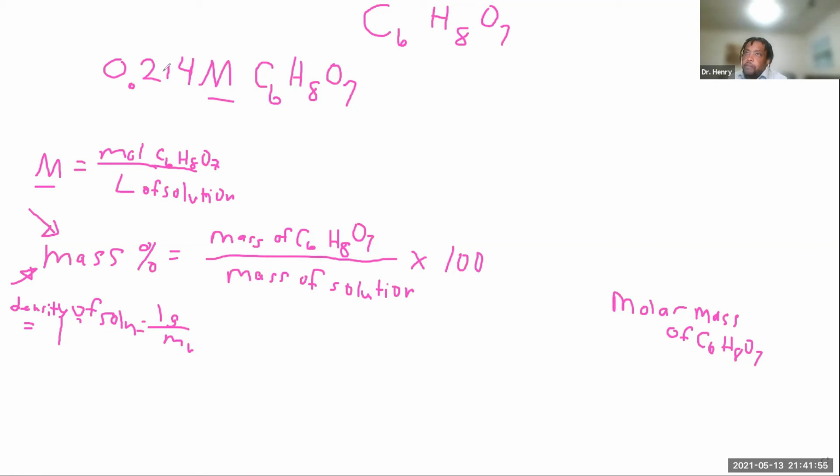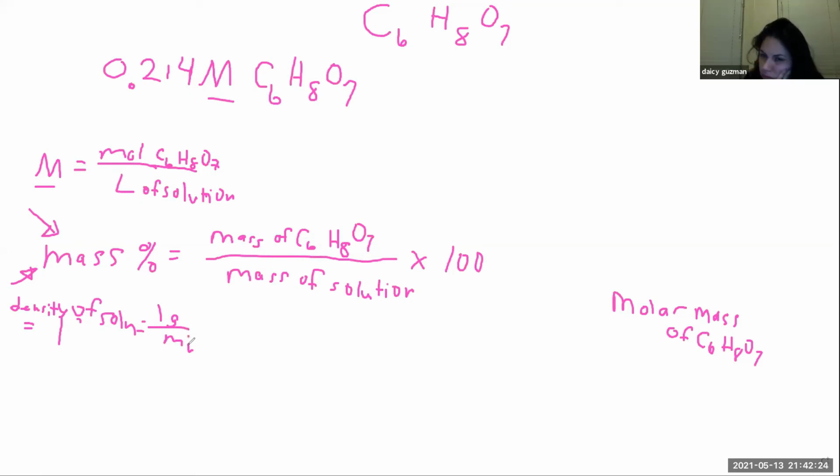You understand what I'm saying? Remember, molarity basically means this. That'll help. So would it be 21.4 for our percent mass? I don't know if I'm doing it right.